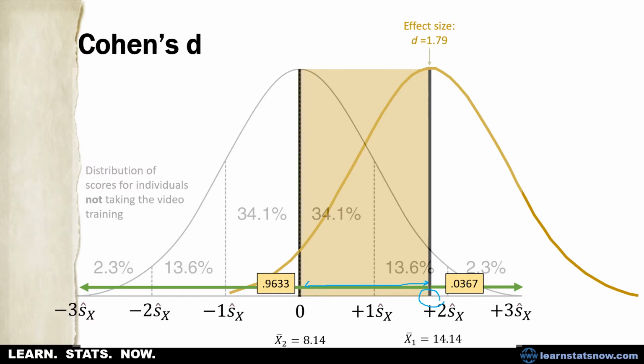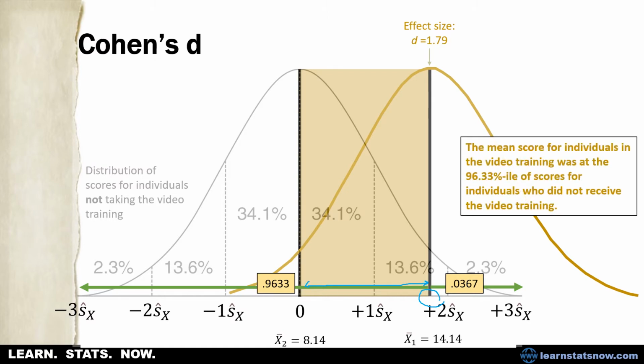So that allows us to make a statement that will be correct. The mean score for individuals in the video training was at the 96.33rd percentile of scores for individuals who did not receive the video training.